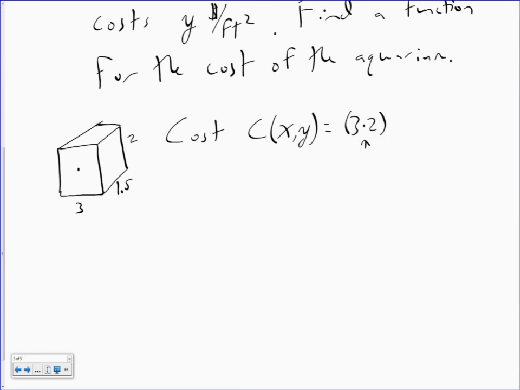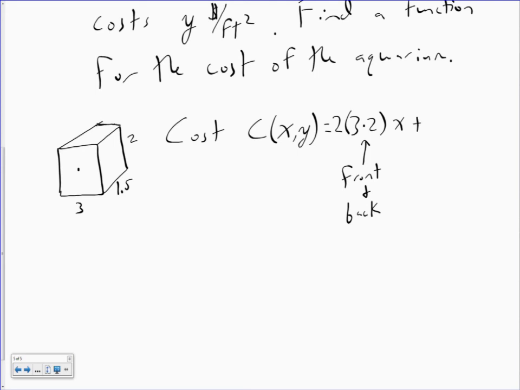And it costs X dollars per square foot, so we're going to multiply that 6 by X. The back side of our aquarium is exactly the same dimensions, 3 by 2, so we're going to take 2 of those. The front and the back are 2 times 3 times 2 times X. All right, so that's the front and the back taken care of.